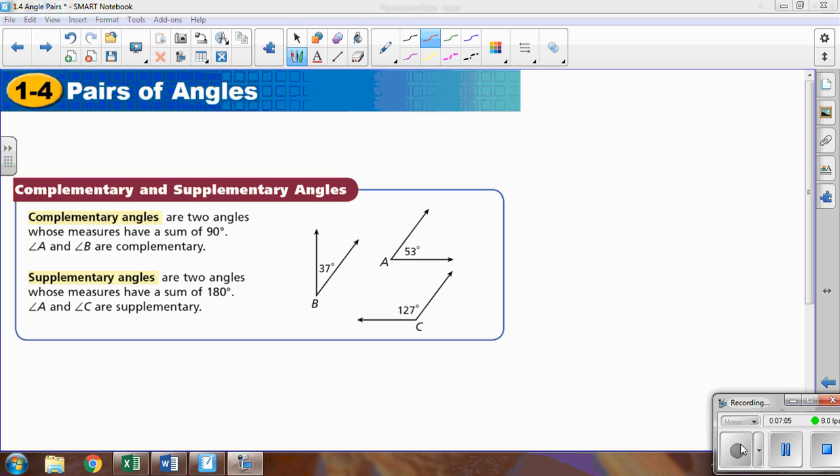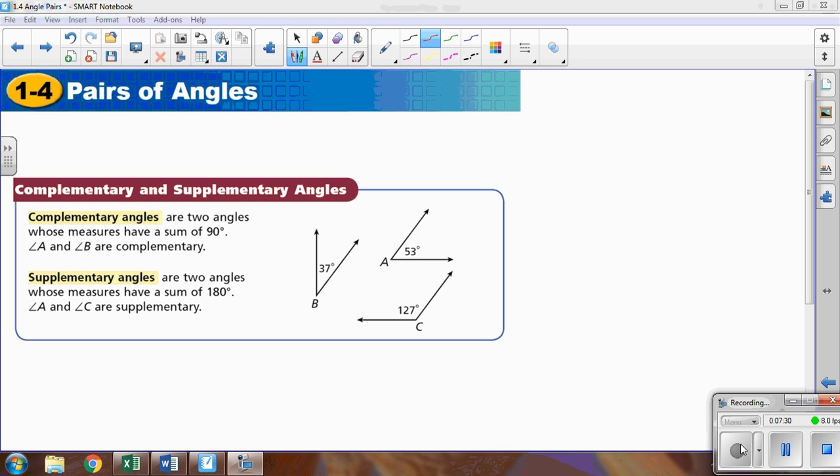Now, two special pairs of angles are complementary and supplementary. Complementary angles, if we measure them out with a protractor, will add up to 90 degrees. Supplementary angles, if we measure them out, will add up to 180 degrees.